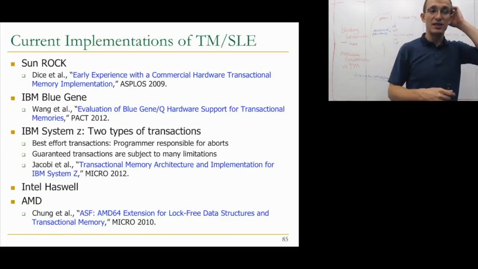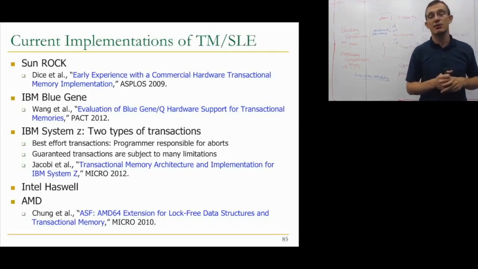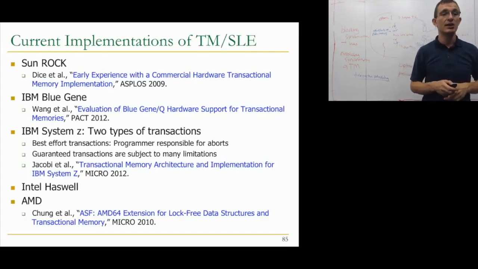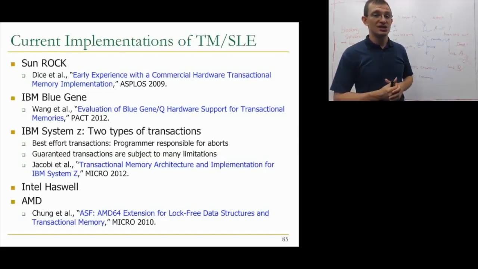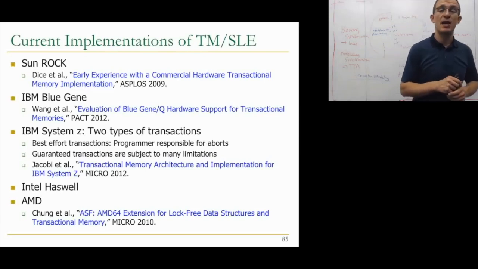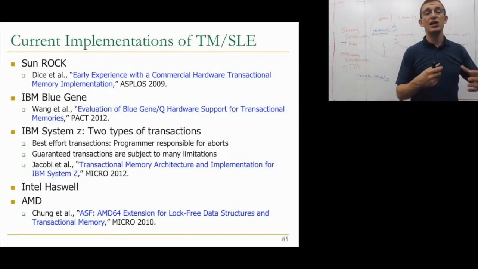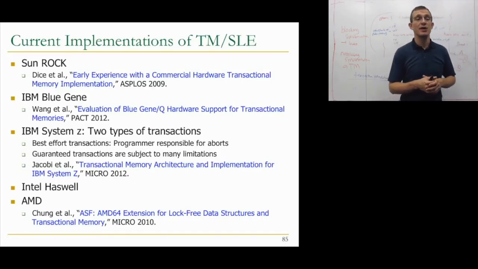So I recommend this paper that talks about early experience with a commercial hardware transactional memory implementation, which is Sun Rock's implementation. IBM Blue Gene, which is a supercomputer, also implements transactional memory, and this is a recent Parallel Architectures and Compilation Techniques paper that talks about its evaluation of hardware support for transactional memory in IBM Blue Gene.